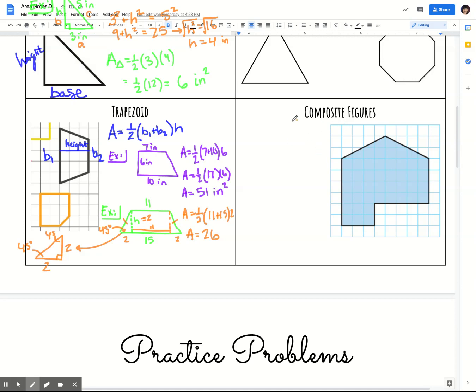All right, so let's take a look at this last one here, which is on composite figures. A composite or irregular shape is just a complex shape that's made up of simpler shapes. So all you really have to do is divide this into simpler shapes.